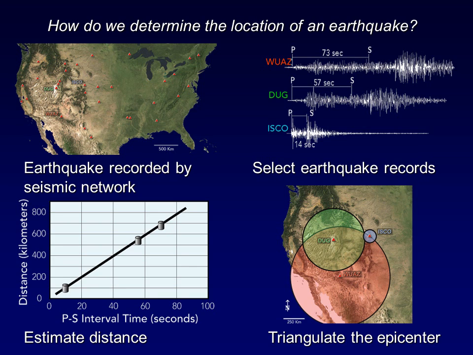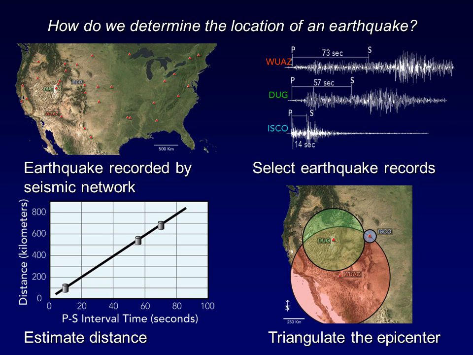That gives us roughly 100 kilometers. So we find ISCO on our map, and we've got a 100 kilometer distance drawn as a circle in every direction. Okay, so from ISCO, it could have been 100 kilometers north, south, east, west, we don't know, so we just draw a circle. Okay, and we do the same thing for the others.